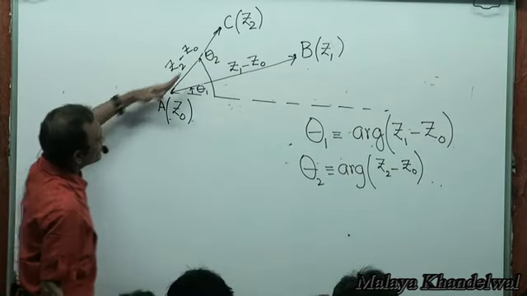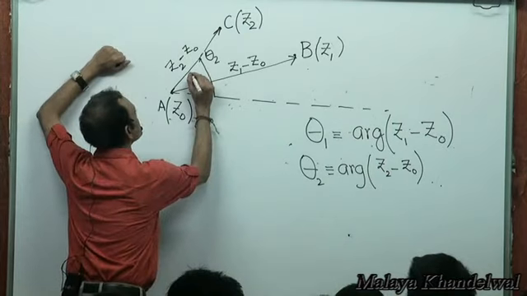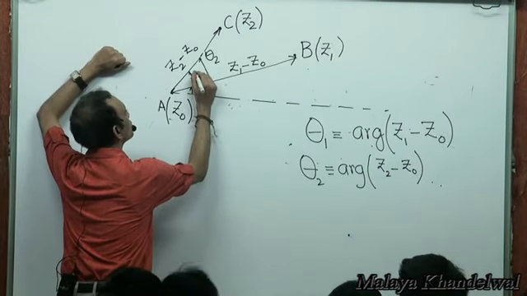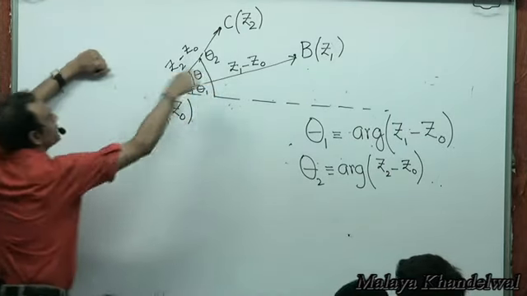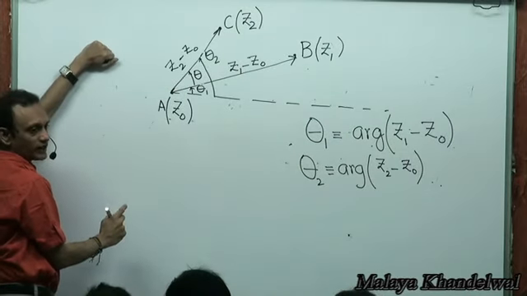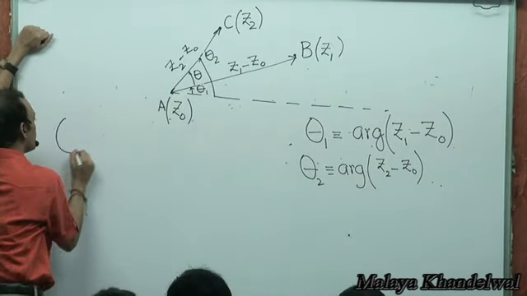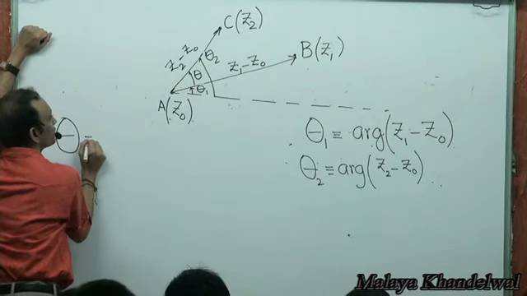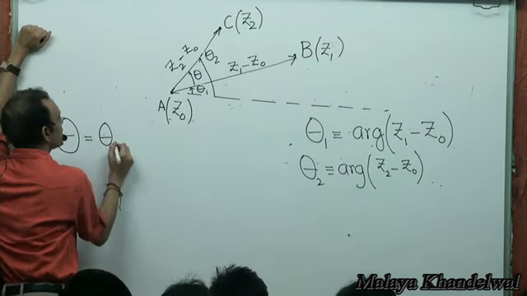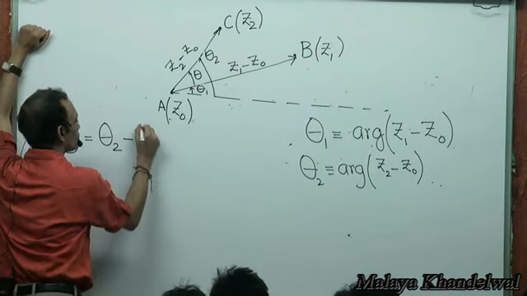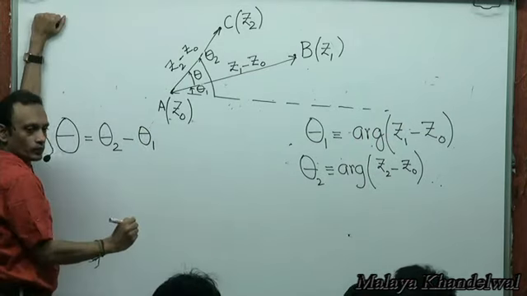And the angle between these two vectors, z2 minus z0 and z1 minus z0, theta, would be given by theta 2 minus theta 1, right?